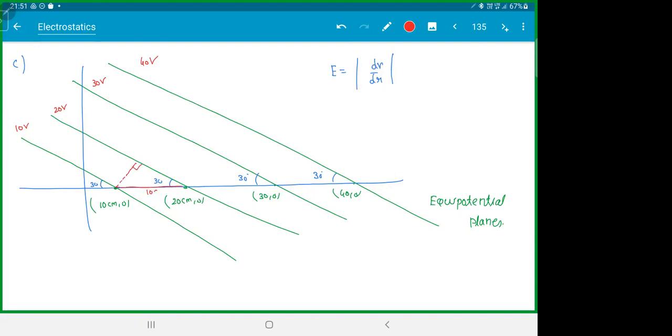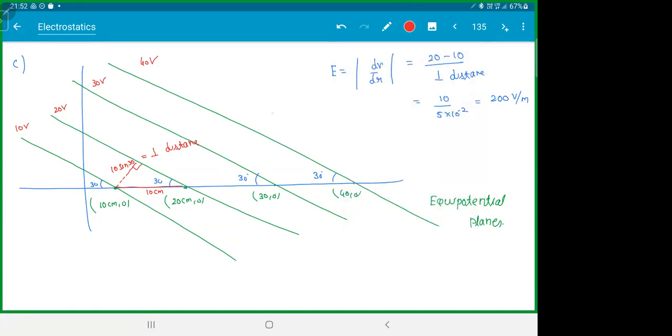This is 10 centimeter, so this will be 10 sine 30. That is the perpendicular distance. So you can simply take the potential difference between two planes, 20 minus 10, by the perpendicular distance, which is 5 centimeter. So 10 by 5 times 10 power minus 2 is 200 volt per meter. That is the electric field.